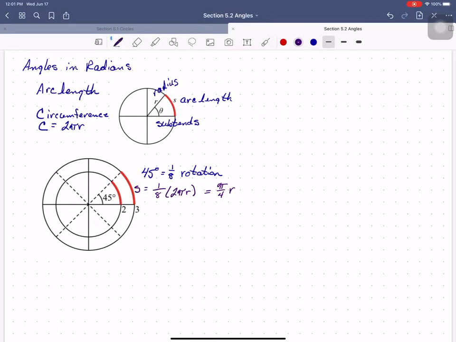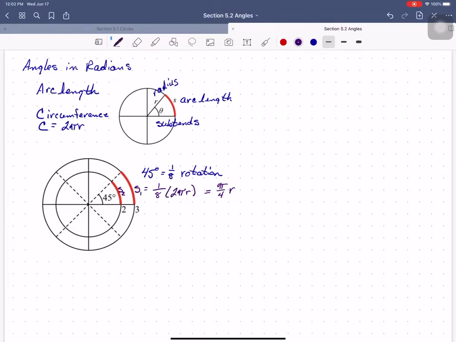So let's look at my smaller one. Let's call this guy S1. Let's call this guy S2. Well, okay, so notice I don't have my radius in there. So my radius is just a variable at this point.